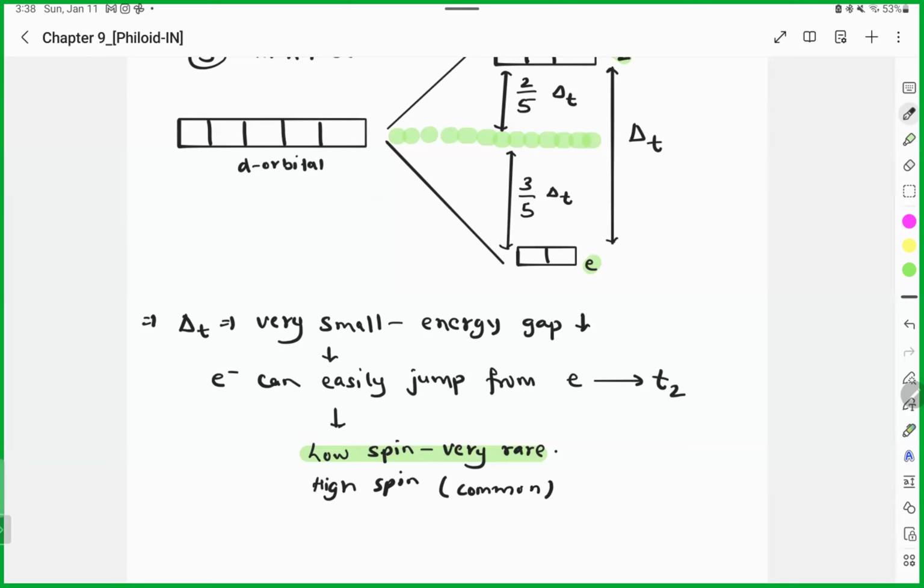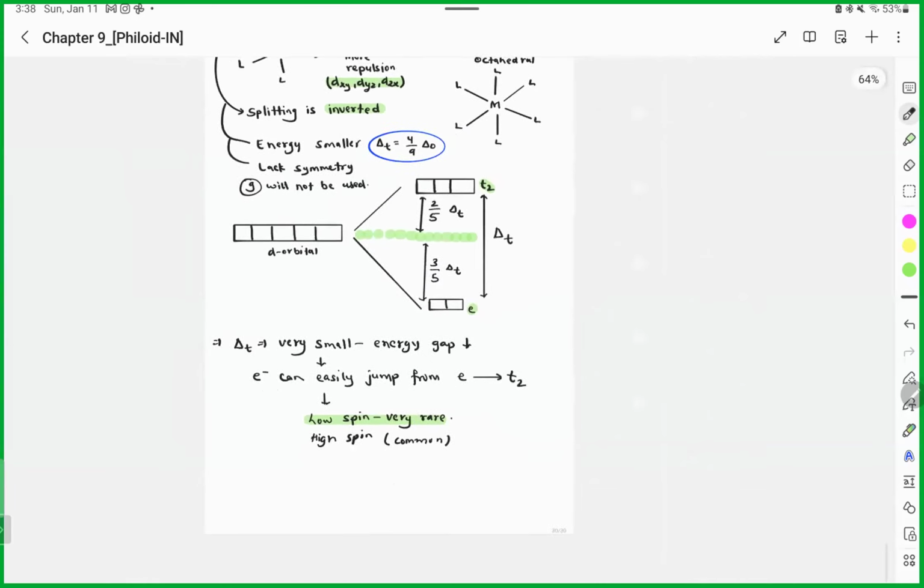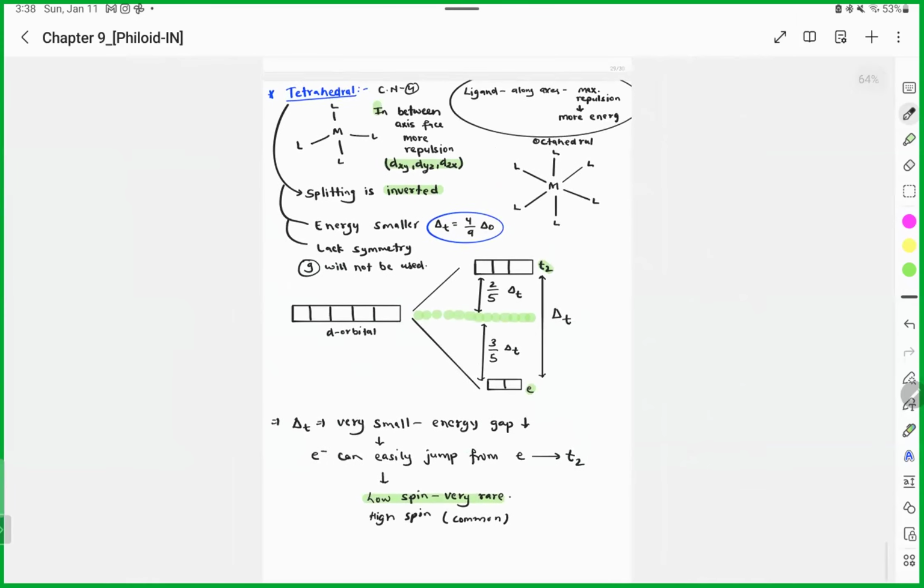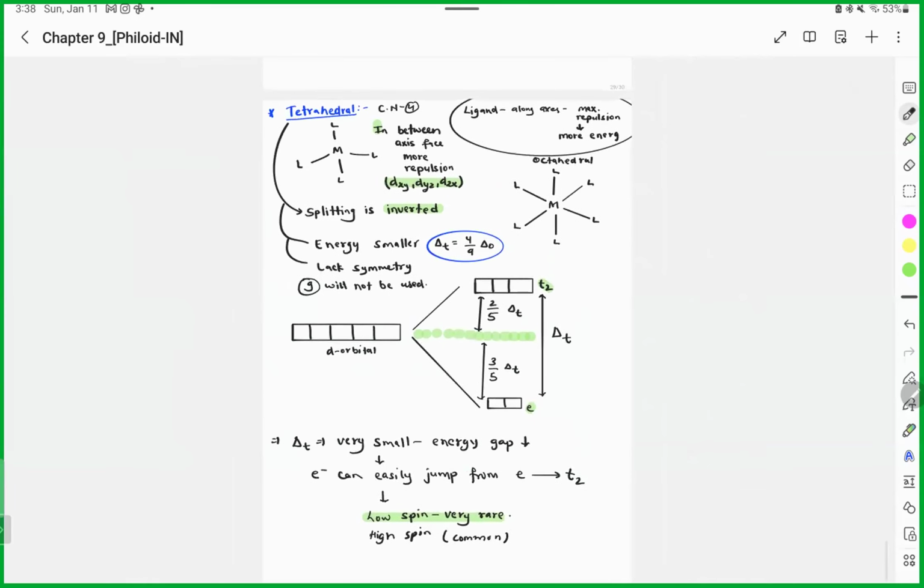And your crystal field basic understanding is done. See this properly and ask your doubts. Ask your question, guys.